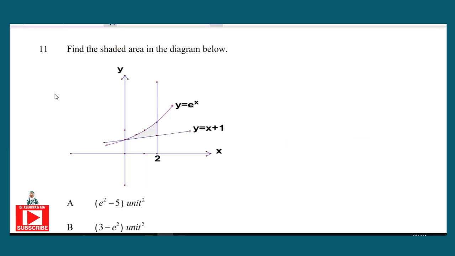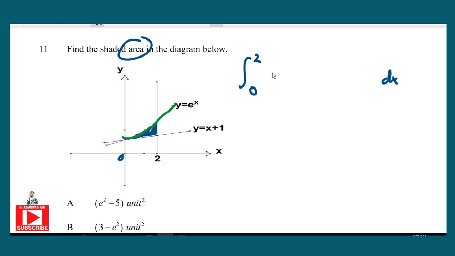Okay, number 11. Find the shaded area in the diagram below. So this is the shaded area. Trying to find area. So find the area from 0 to 2. Integrate with respect to x. So here, this curve is above the second one.